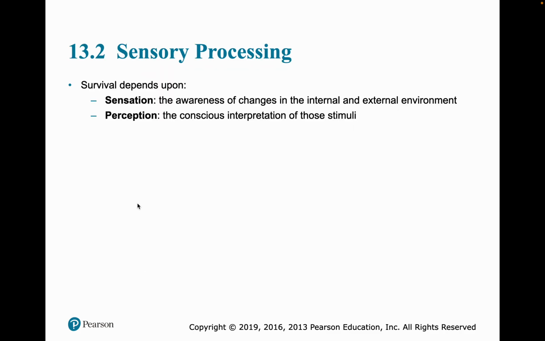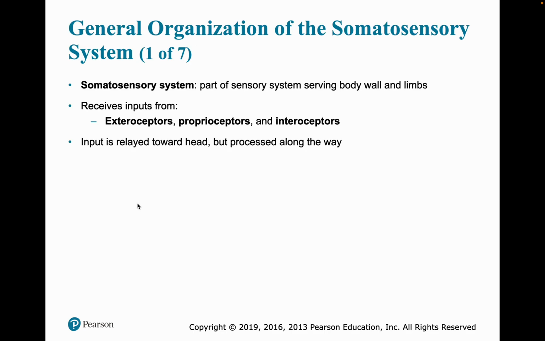Processing. In order for us to survive, we have to both be able to detect changes in the external environment and consciously interpret what those stimuli mean. So we have sensation, which is the awareness of changes in the internal and external environment, and perception, which is our conscious interpretation of those stimuli.